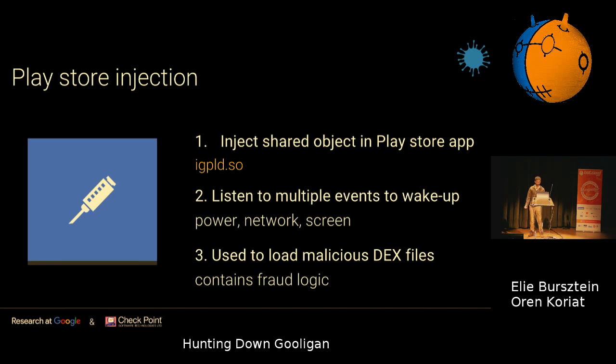The names are terrible. This IGPLD is in and of itself another loader, but this time it dynamically loads into the Google Play process an additional DEX. So DEX is code written in Java. Gooligan developers would prefer developing most of their code in Java. So this DEX contains a broadcast receiver.